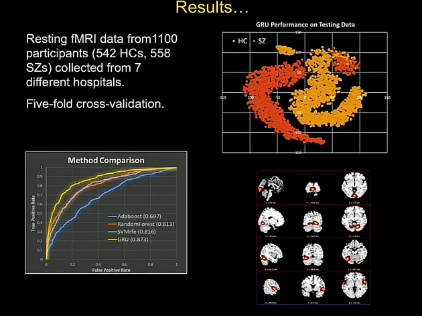And here you can see the result where we have controls and we have patients plotted here in different colors. We have some of the key components that were predictive in this model. And I should mention, we actually fed in this case, not the raw data, but time courses from an ICA analysis. It was kind of a two-step analysis.